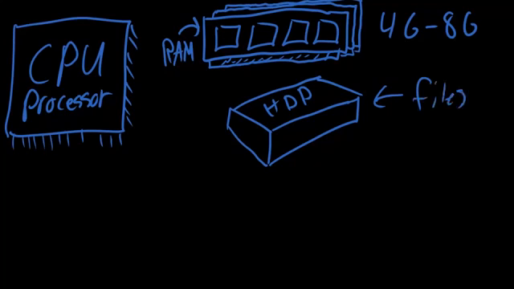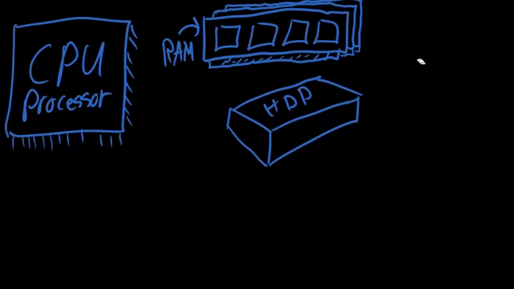But when you want to work with a file, that's where the RAM comes in play, where this file gets pulled off the disk and shoved up in RAM so the processor can work with it. And when you save it, you're putting it back on the disk to preserve your changes.